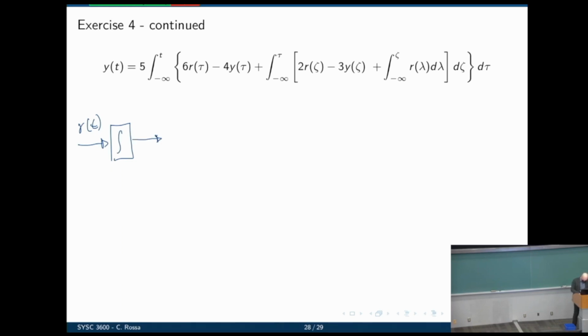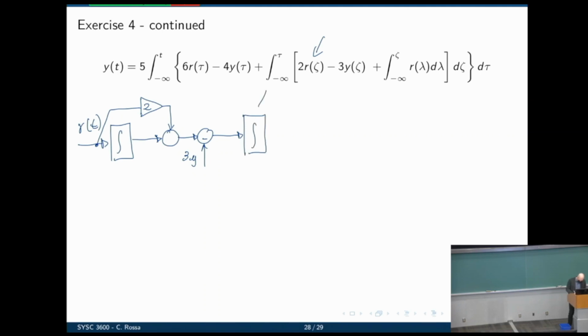And now we are adding to this signal 2 times R. This is a terrible drawing. 2 times R. And now here, 2 times R. And minus three times y. And I'm taking the integral of that. This integral is that integral.